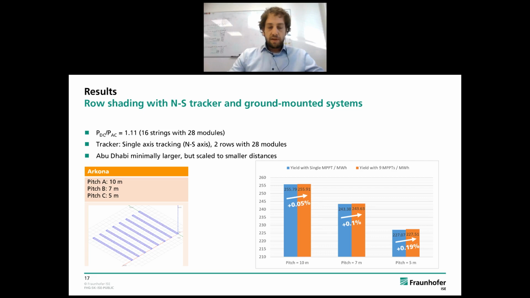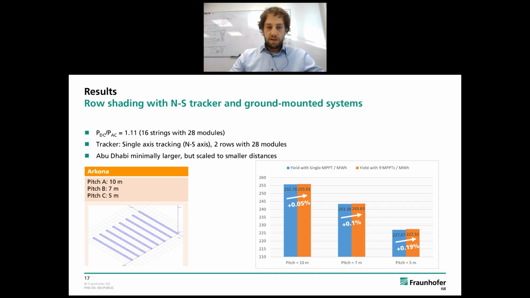Another common application that we designed is a ground-mounted system with single-axis trackers around the north-south axis. Those systems do also have shading, and we analyzed what is happening in such a plant. We had the same basis, so 2 rows on each tracker with 28 modules, and then we reduced the pitch between the tracker systems.